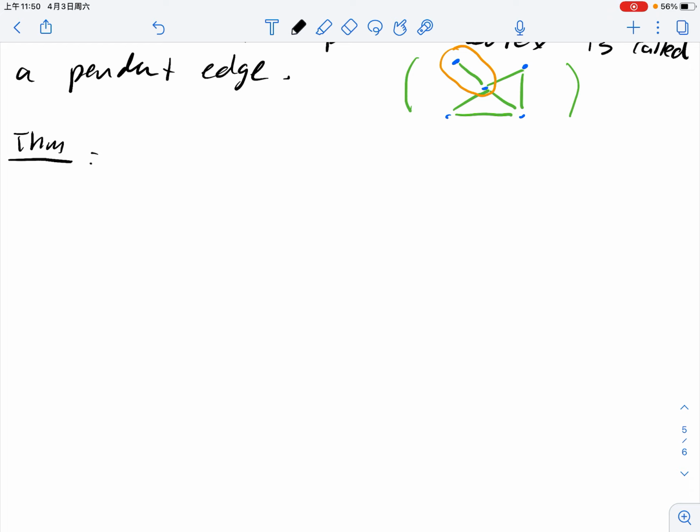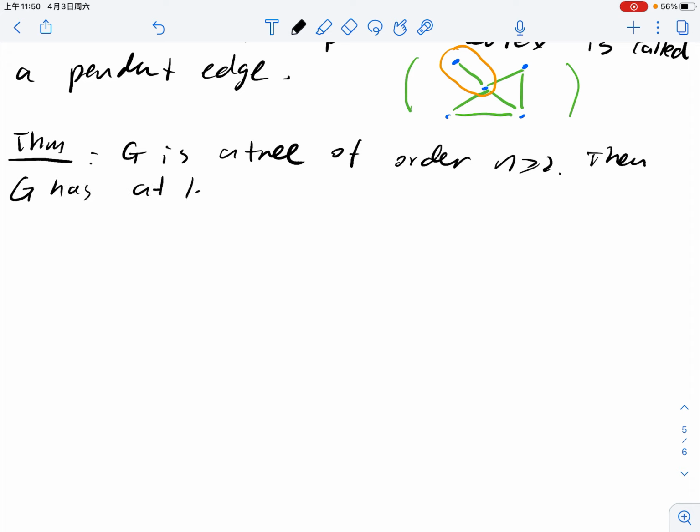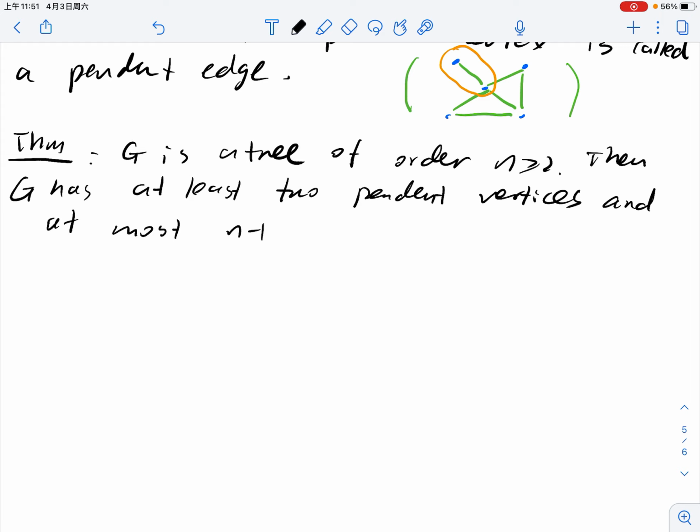And then a theorem says if G is a tree of order n, then G has at least two pendant vertices and at most n minus one pendant vertices.